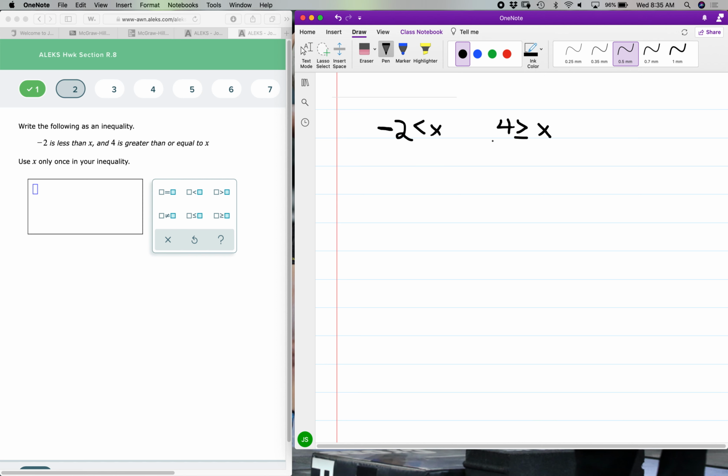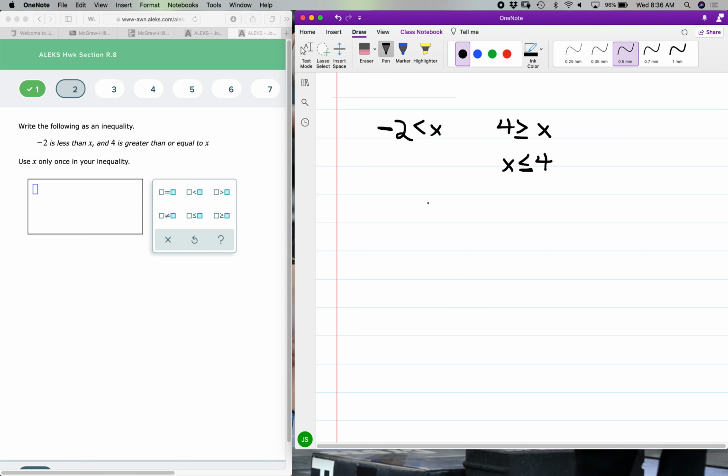We can make this into a compound inequality. For the second inequality, if I have x on the left-hand side, I have that x is less than or equal to 4. So 4 is greater than or equal to x is logically the same as x is less than or equal to 4.